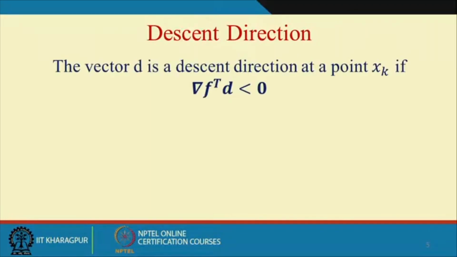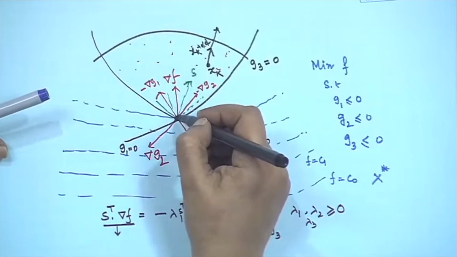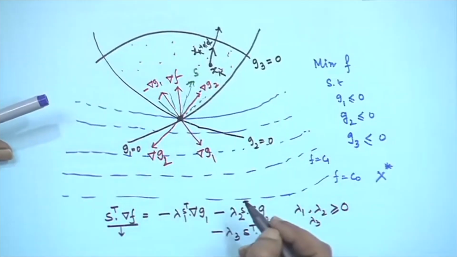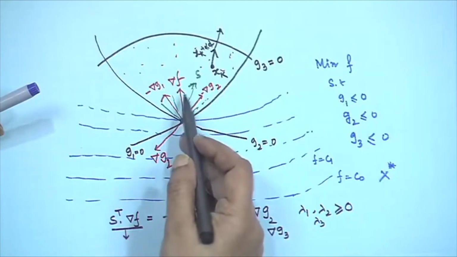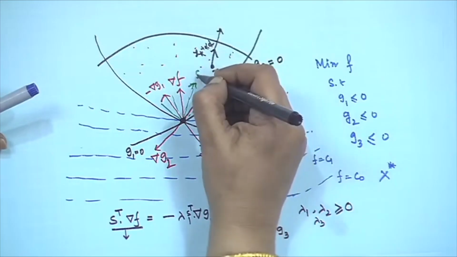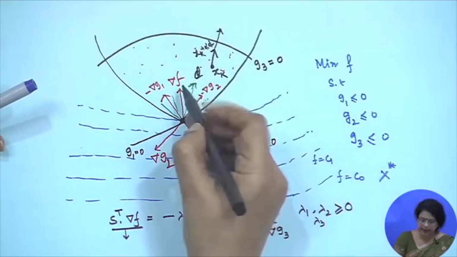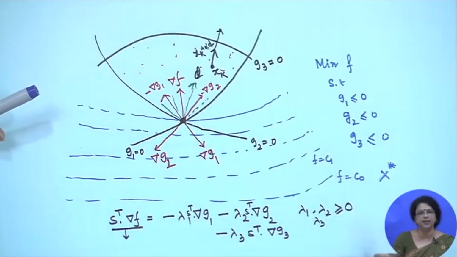Now, another part is that we know that in this direction the objective function value is increasing. That is why we can say that in this direction grad f dot, instead of S, here we are calling the feasible direction d, then grad f dot d must be greater than 0.